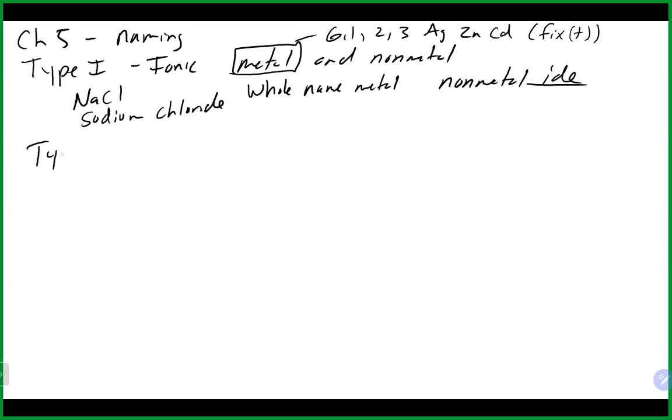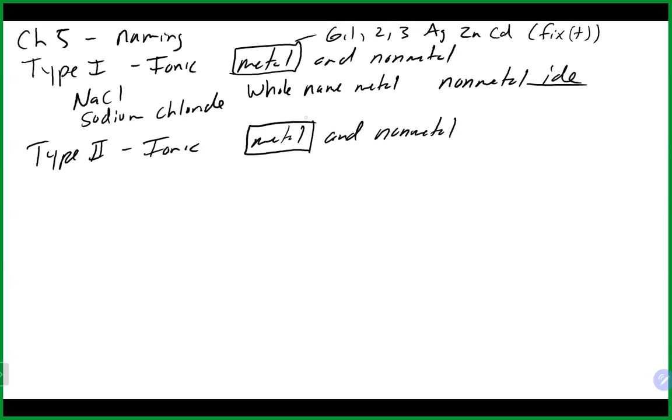Type 2 is also ionic, which also means, again, we have a metal and a non-metal together. And once again here, it is the metal that is most important. And that's going to be a transition metal, or again, just to the right, under the staircase, lead and tin and all those guys. They have a variable positive charge.